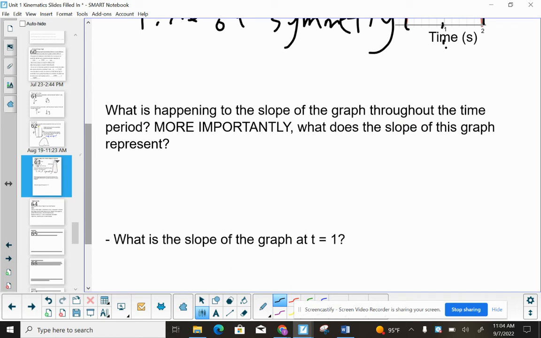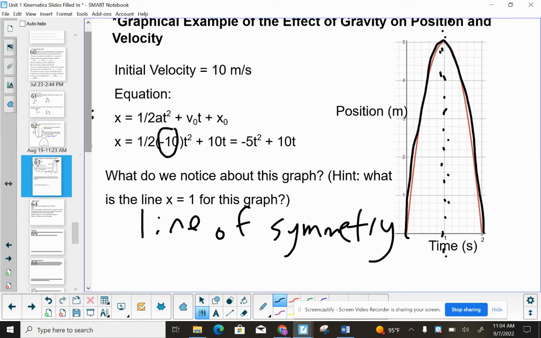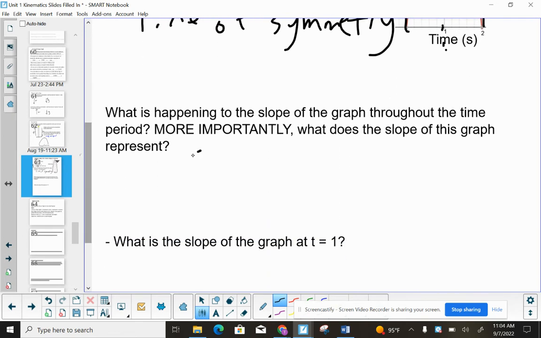Now it says what is happening to the slope of the graph throughout the time period, right? As my slope goes up, and then I come back down, what's happening to my slope? Does it stay constant or is my slope changing? Well, my slope is changing, right? Slope is changing.